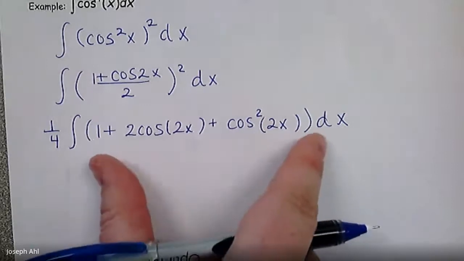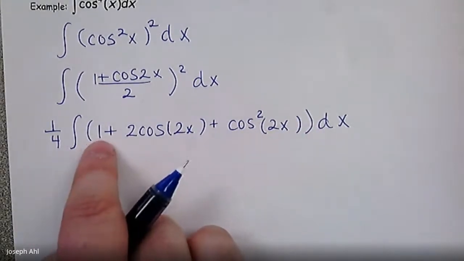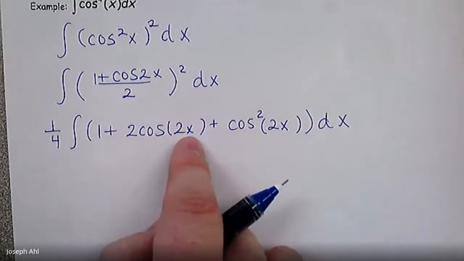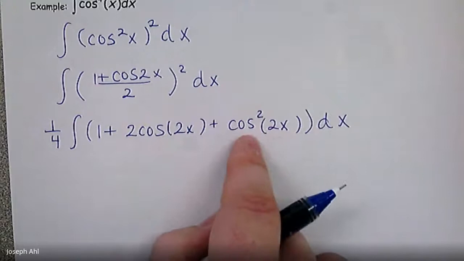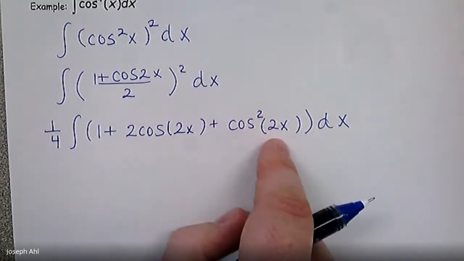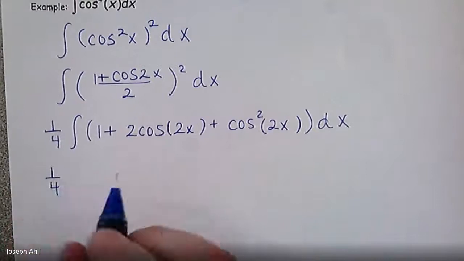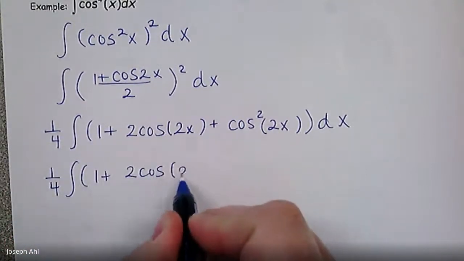So when we look at the expanded form of 1 plus cos 2x squared, we know how to find the integral of 1 dx. We know the integral of 2 cos 2x dx. And then the only thing we have to think about, oh wait, cos squared, we also know how to find the integral here, right? So we have to use another double angle substitution. So it's going to be 1 plus 2 cosine of 2x.